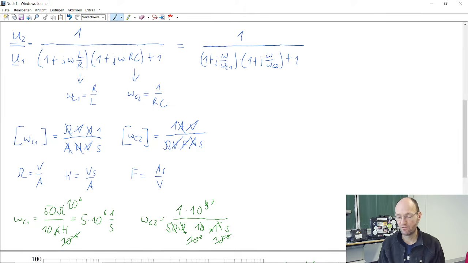And so we have 1/5 is 0.2, so we get exactly 0.2 times 10 to the power of 7.